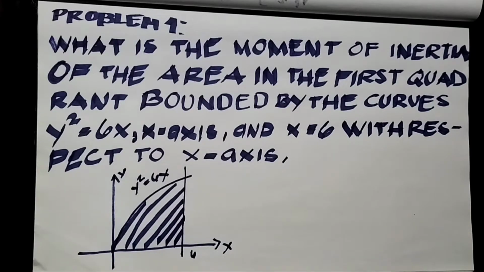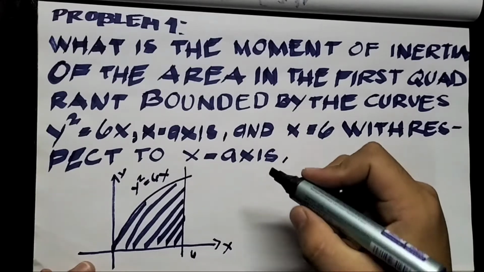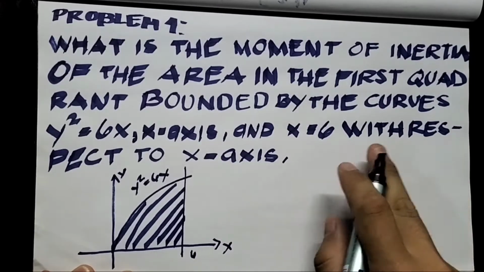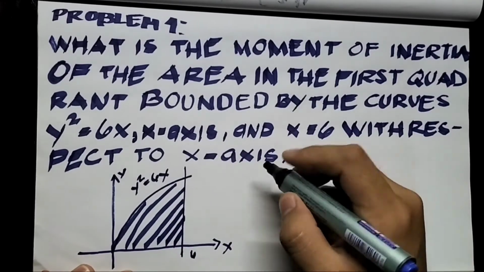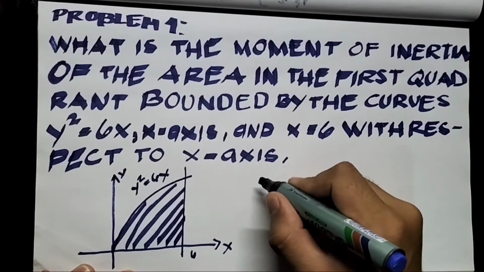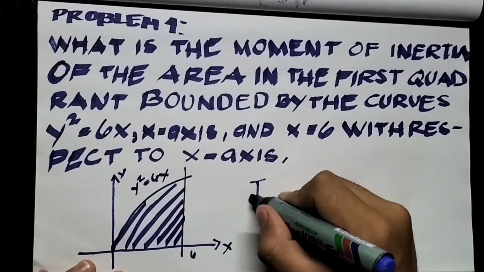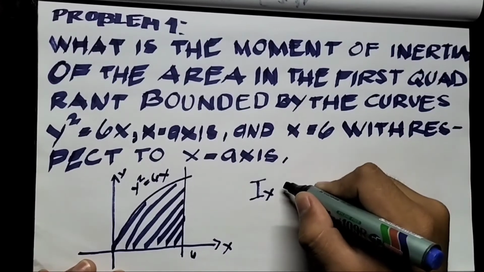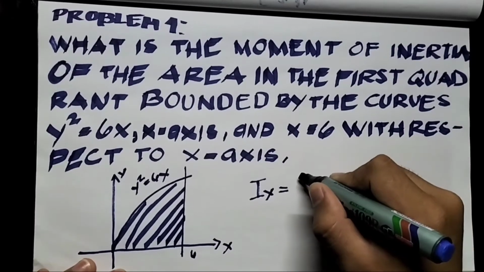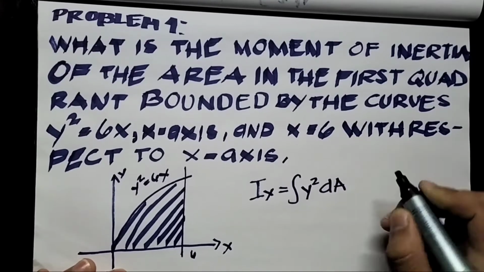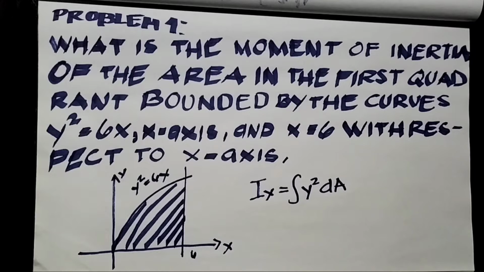So, para makuha natin yan, kagaya nga ng formula na nakuha natin, it says that with respect to x, what we are going to find is the moment of inertia about x. So, what is the formula? Integral of y squared dA, differential of an area.